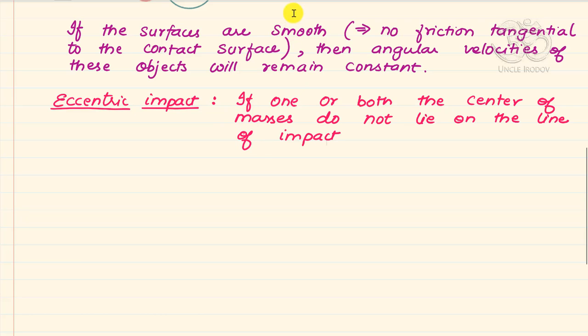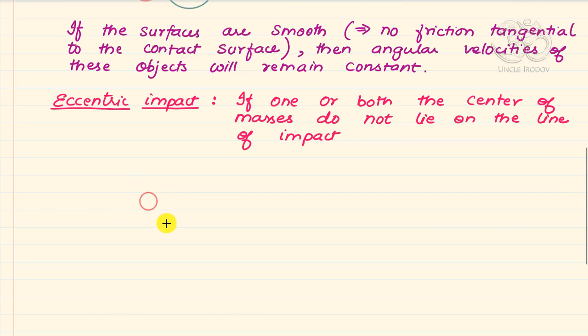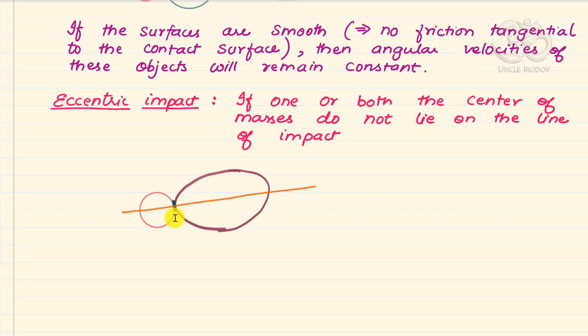So maybe as an example I will show you a spherical object. So here is a small spherical ball that is being hit by some kind of oval object, maybe like this, and there is a contact surface here. So this green colored thing is the contact surface, and if I draw the line of impact, that orange colored line probably is the line of impact, and due to this object being asymmetric on either side of this line, maybe the center of mass is somewhere here.